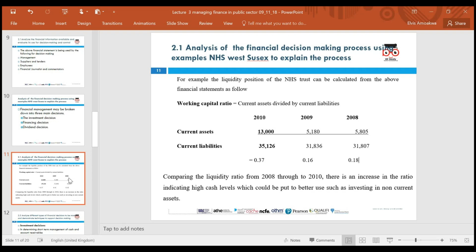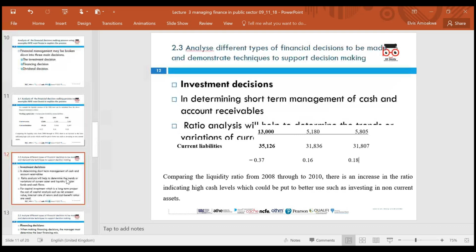Right, so these are some of the ways that we'll be able to analyze financial information in making decisions for ourselves. And we try to use the NHS web sources financial information to explain the process. Right, let's look at the next slide and see what we can make out of that.